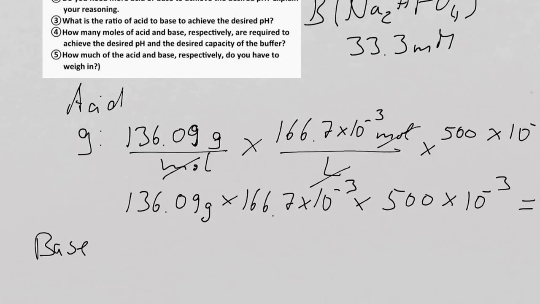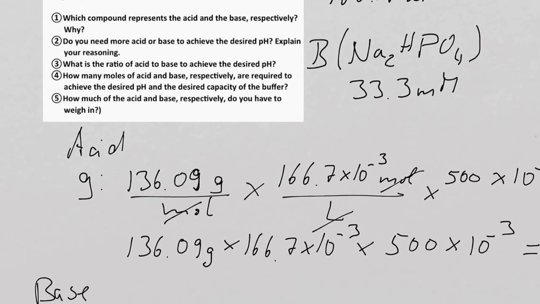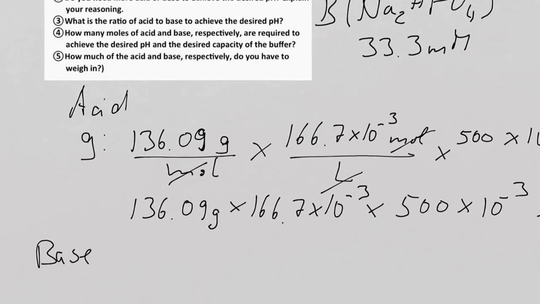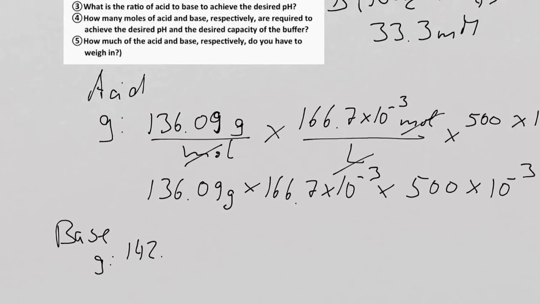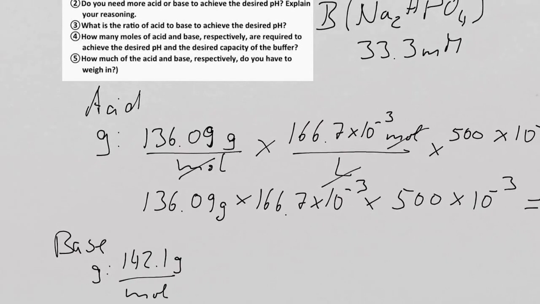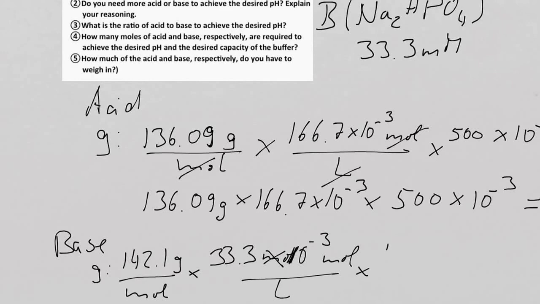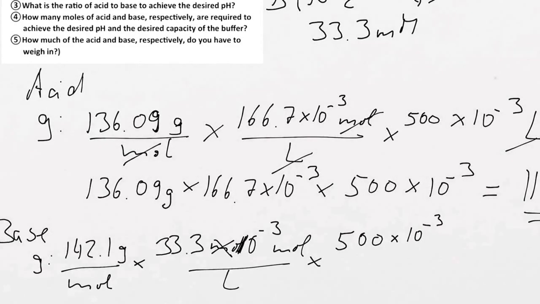Here for the base, the molecular mass is 142.1 grams per mole, times 33.3 times 10 to the minus 3 mole per liter, times 500 times 10 to the minus 3 liters.